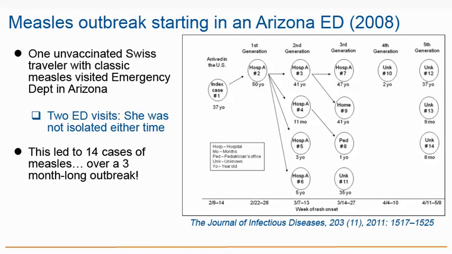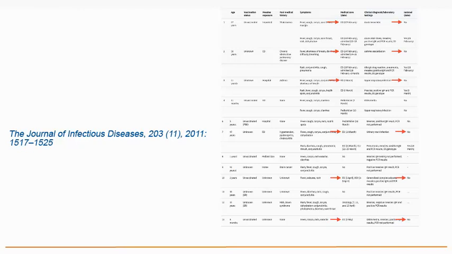This led to a total of 14 cases of measles in one hospital over a 3-month-long outbreak. As you can see in the figure on the right, that woman infected another person who infected 4 more people, and on and on. How did this happen?